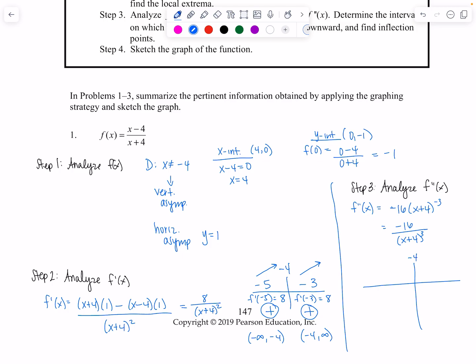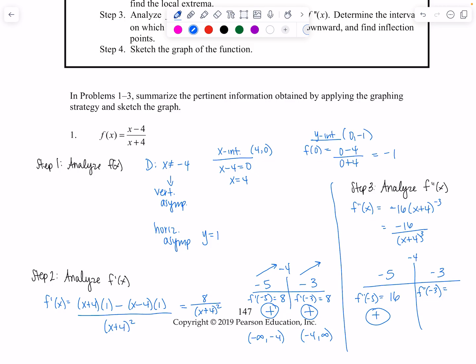So we'll check again -5 and -3. So our second derivative at -5 will tell us concavity. So we have -16 over -5 plus 4. So -16 over -1 cubed. Negative over a negative will give us a positive. And then our second derivative at -3, -16 over -3 plus 4.